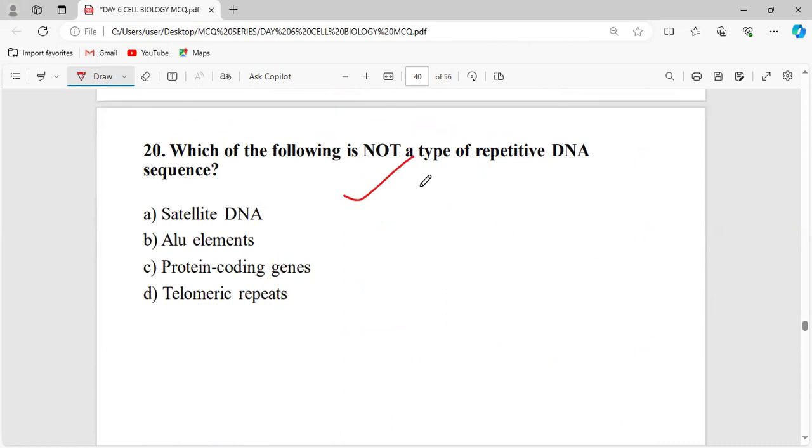And which of the following is not a type of repetitive DNA sequence? Just now I have explained the types of DNA sequence. If you listen carefully, you can easily answer this question. Not a type of repetitive DNA. What about the others?